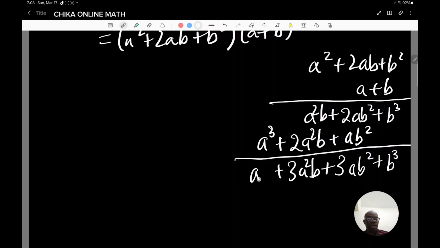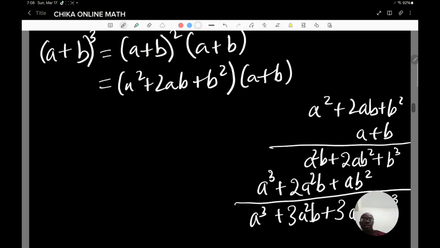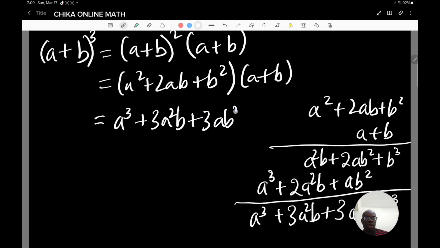Plus, then we bring down a cubed. So this is nothing but what? a cubed plus 3a squared b plus 3ab squared plus b cubed.